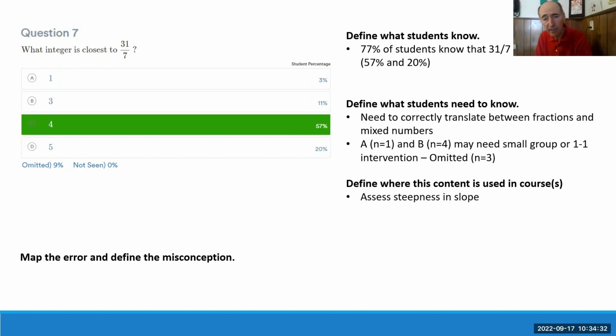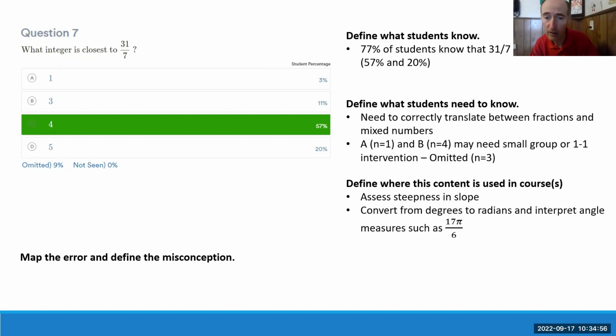You can also try to see if you're bridging the knowledge that they have now to what they need to do in the future, to see where this sort of skill or concept is going to come up for the students later. Okay, so when they're looking at the slopes of lines, they're going to have to deal with these sorts of fractions.